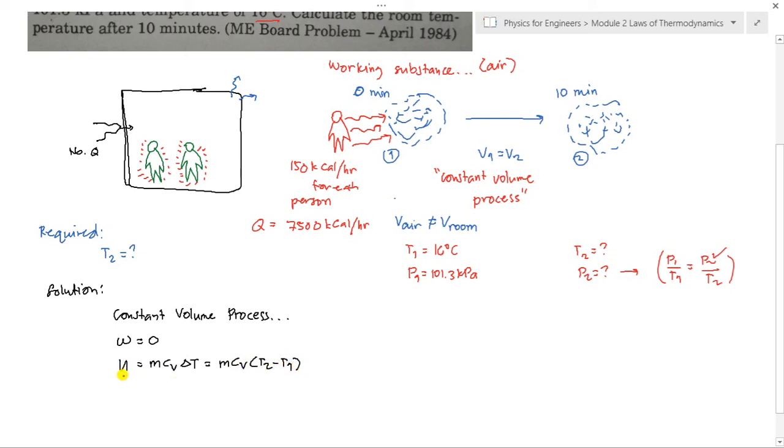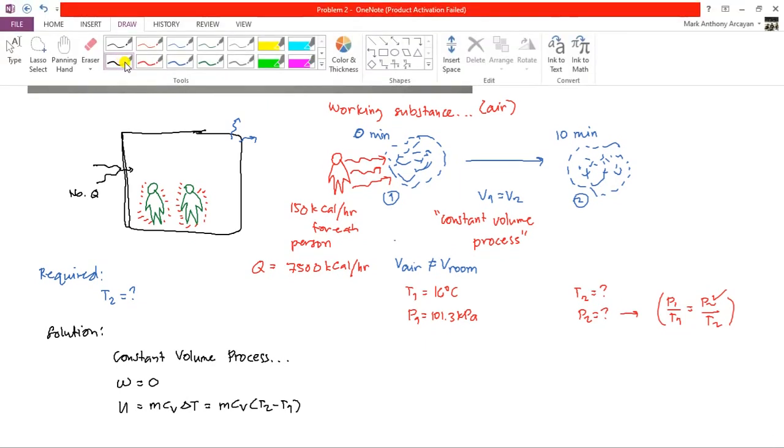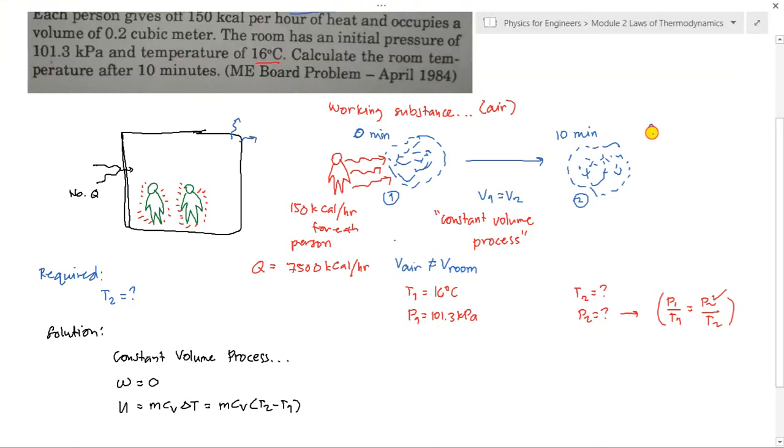Given ba ta og internal energy? Wala. Given ba ta og mass? Wala pod. Cv, of course, we all know that the Cv of air is equal to 0.716. Wala gi-state dira, but dapat memorize na nimo kini, gi-encourage ta mo og pagsag-o sa mga constant. So indicate diri for air, Cv is equals to 0.716 kilojoules per kilogram degree Kelvin.